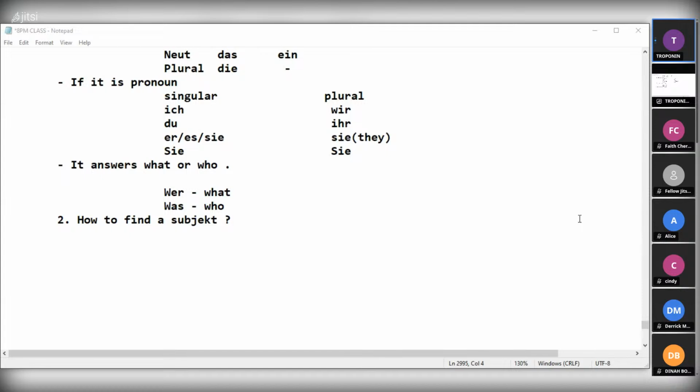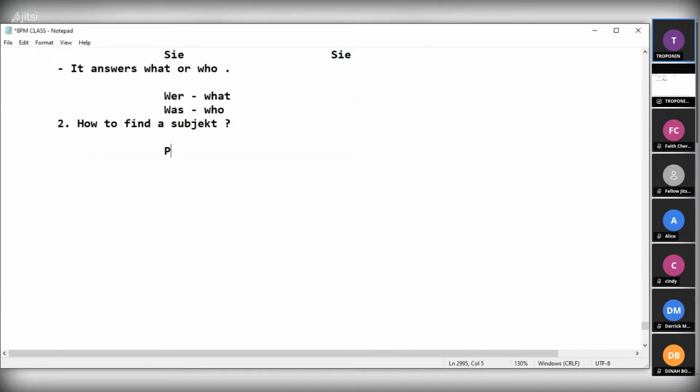So just a minute. So I want to say that Peter buys a table. So Peter buys a table.